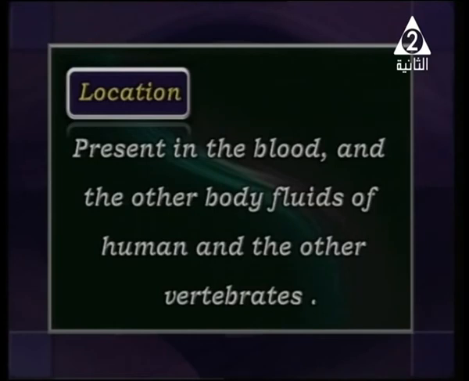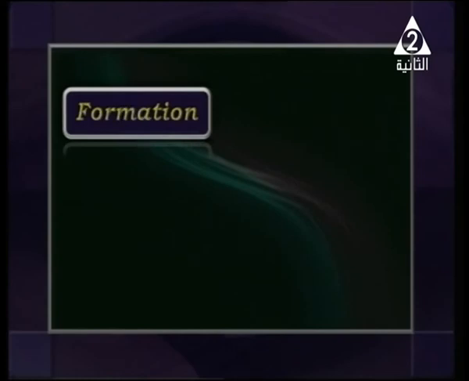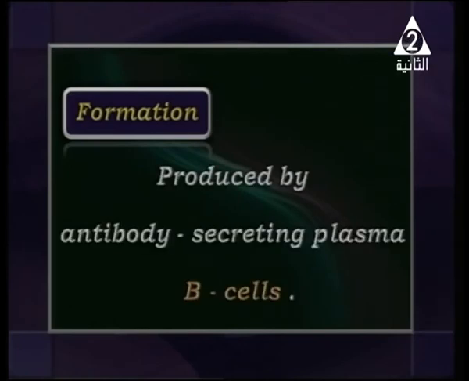So they aren't only found inside our body, but also in most of the higher vertebrates. What about the formation? In which part inside your body are they formed? Well, they are produced by antibody-secreting plasma B cells.